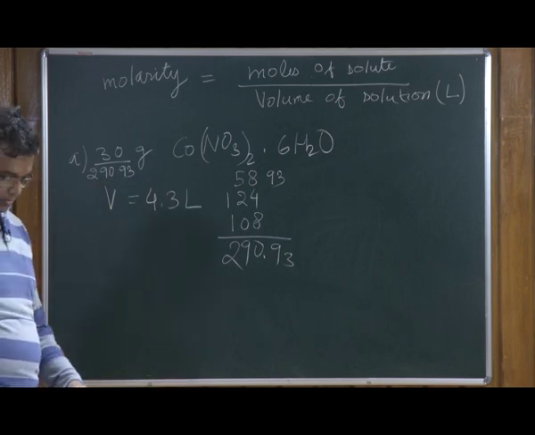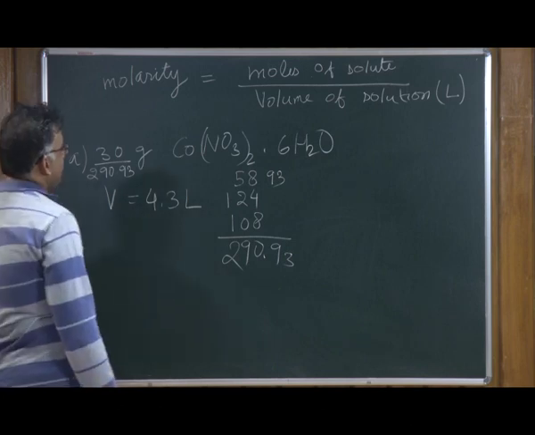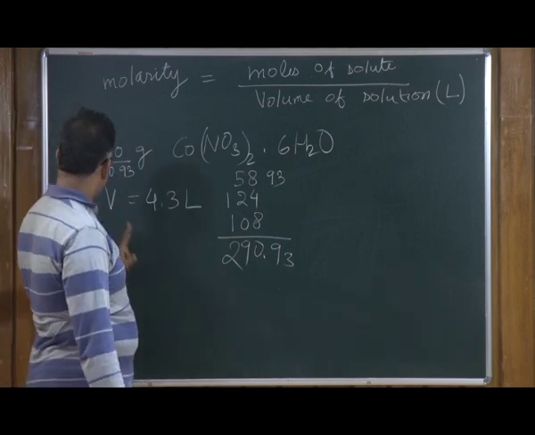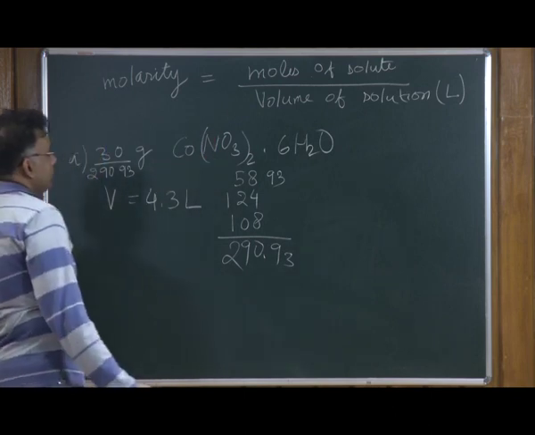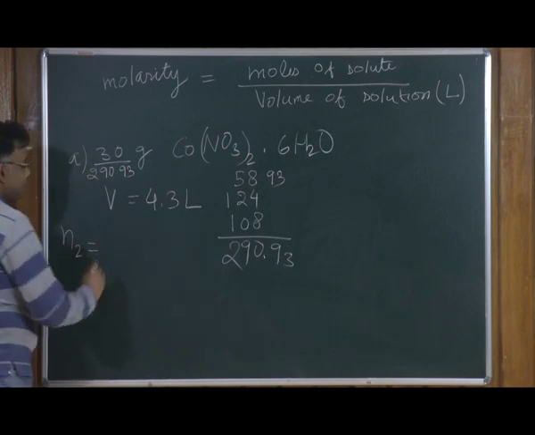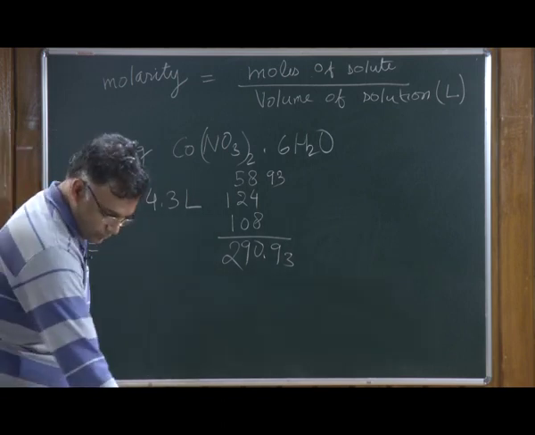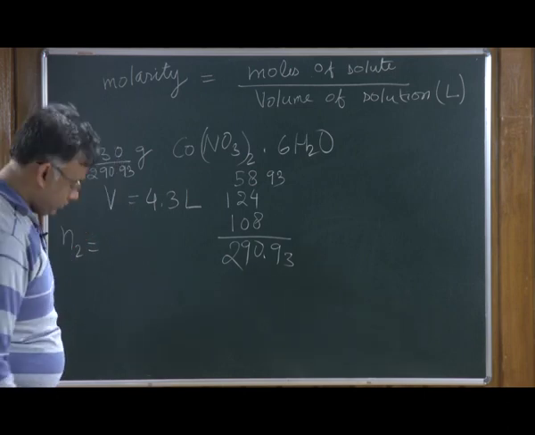So, we have all the information. Now, I can plug in. We have moles of solute, put it in there, volume of solution, just put it in there and we get the answer. So, the moles of solute N2 would be 30 divided by 290.93.